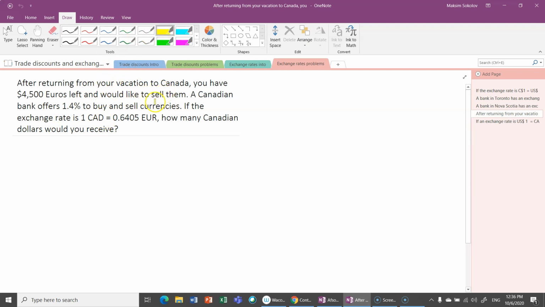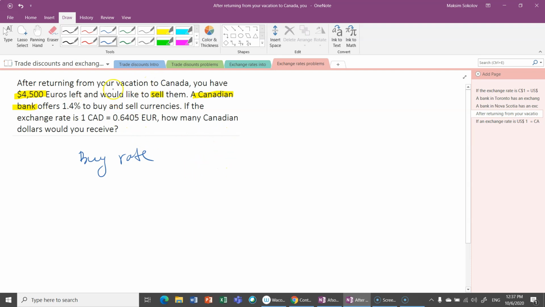So you are in Canada and the bank is a Canadian bank. Now you are selling those euros. But what does the bank do in Canada? So the euro is a foreign currency in Canada, so the bank is going to buy that currency from you, right? So you are talking here about the buy rate, because the bank in Canada would buy euros from you.